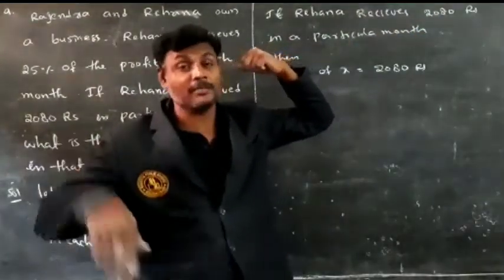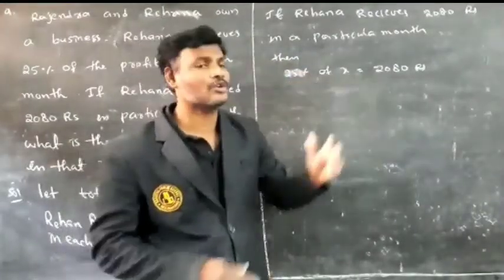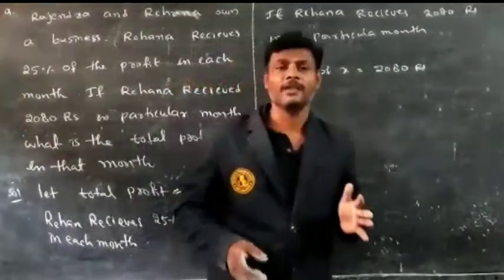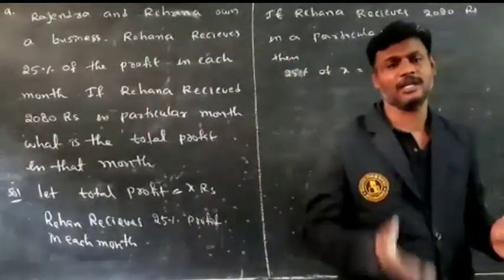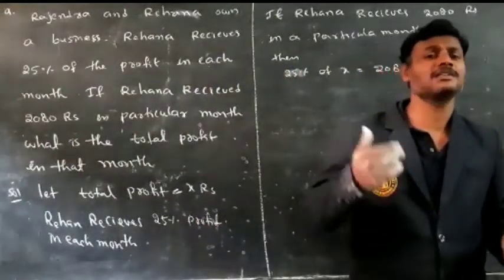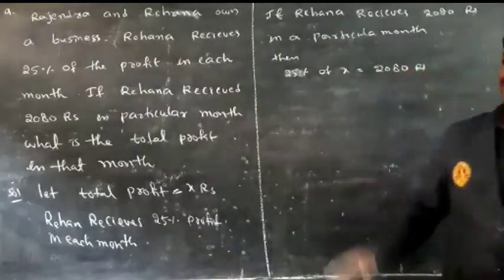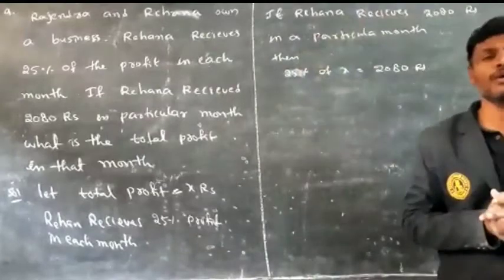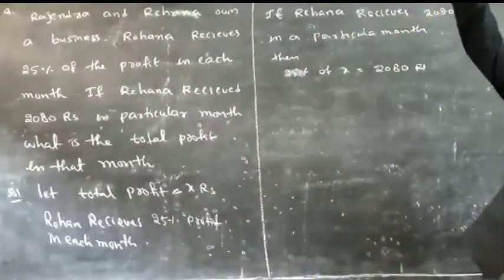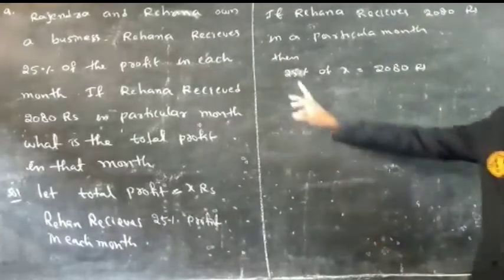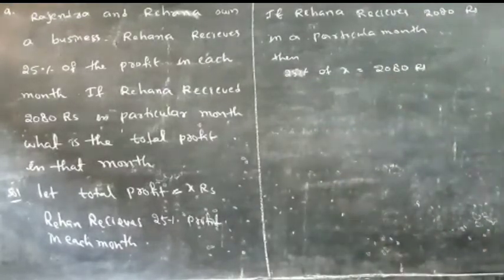I took total profit as X. So 25% of X is equal to 2080 rupees.